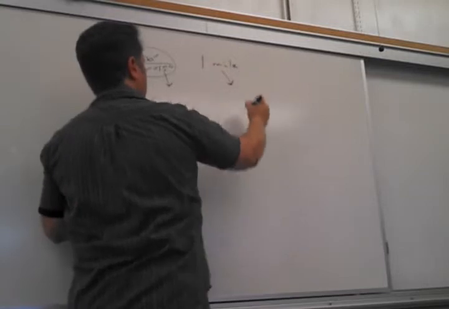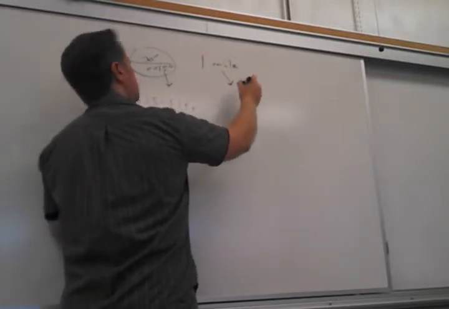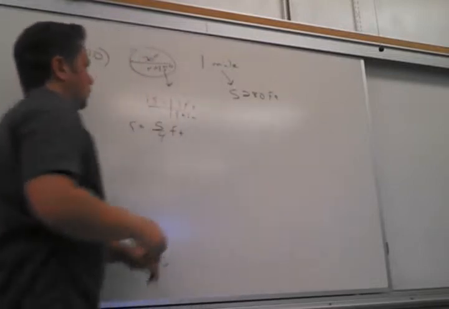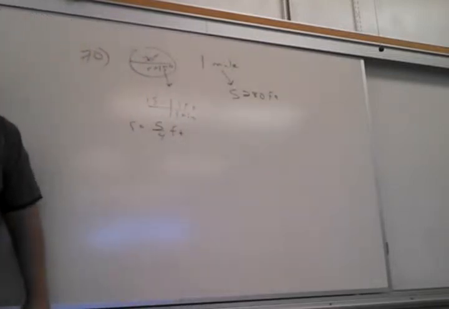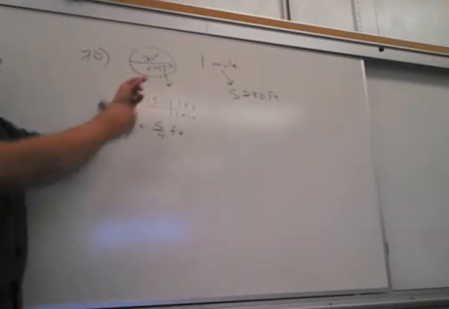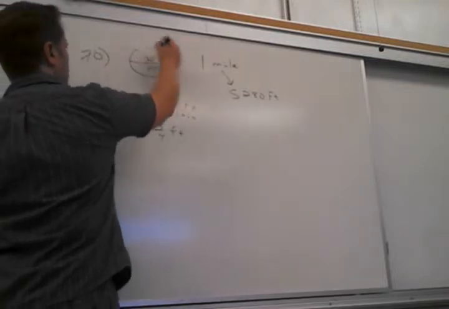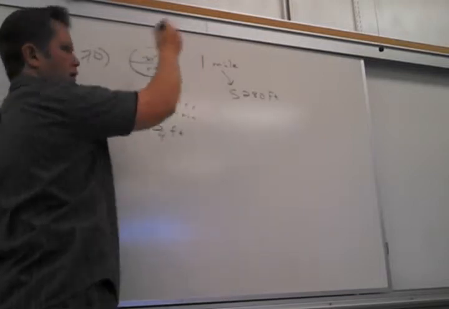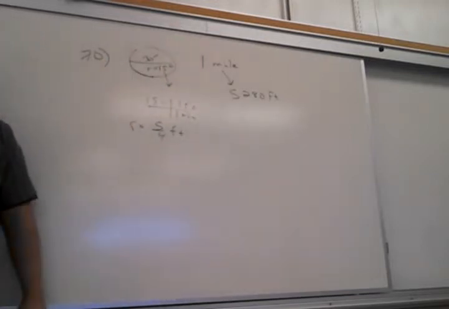And of course the mile we just figured out earlier was 5,280 feet. So if it travels a mile, the distance gone would be a mile. So how do you think you do this?